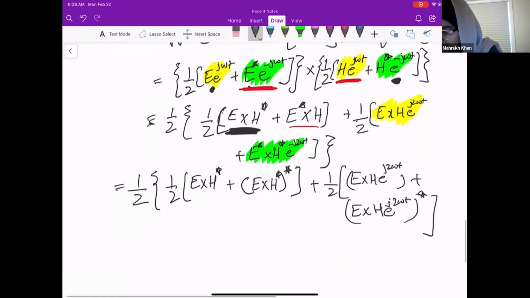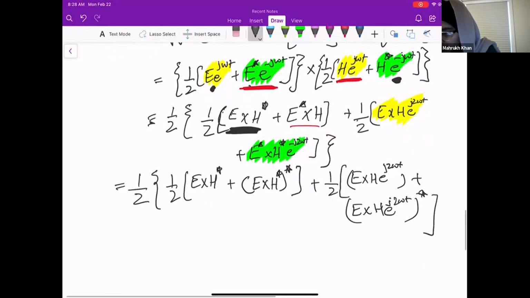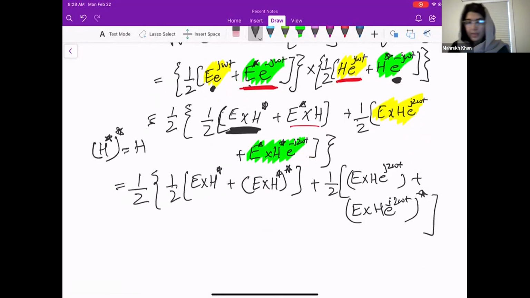So, okay, what I did here is, if I write the conjugate of something, like if I write the conjugate is this, right? The double conjugate gives the original number. So that's why I can write this thing as this thing.